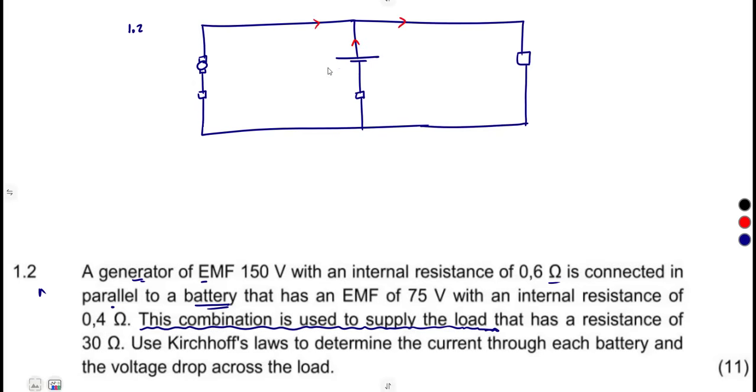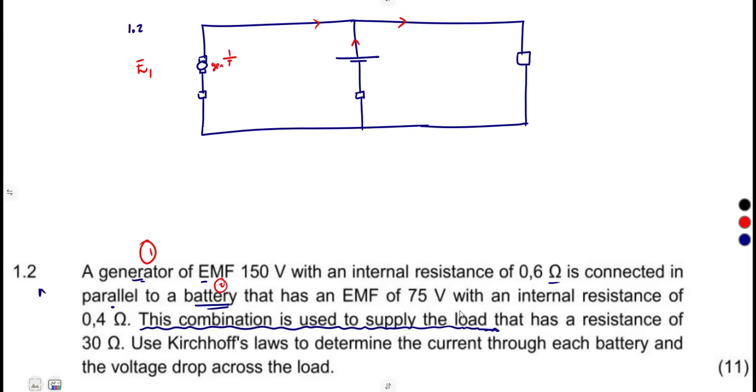According to the diagram, you take the currents going to the load. So that's according to the information that you are given. All right. So this is our generator, positive, negative. So that's our E for the generator. I'm just going to use 1 for the generator. Then the battery, I'm just going to use that one as 2.